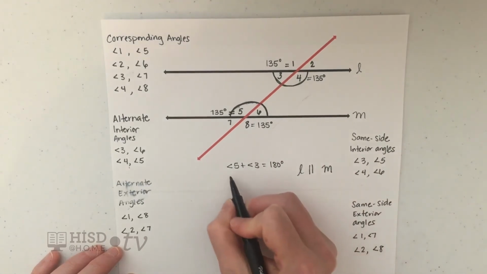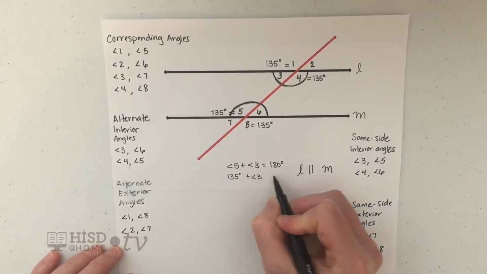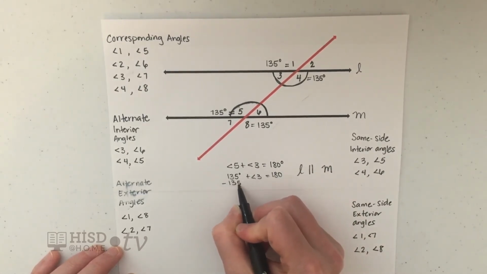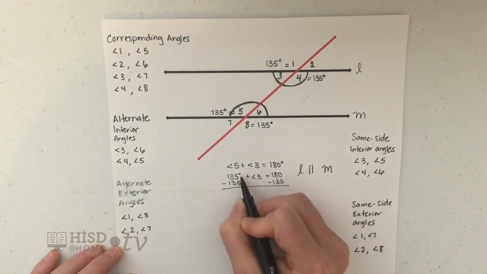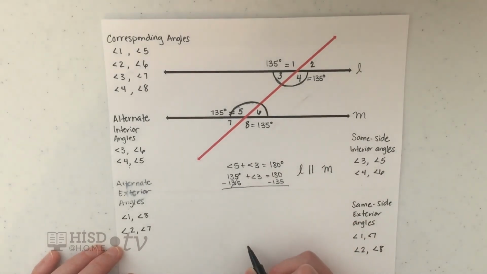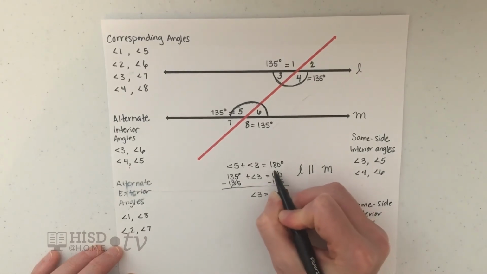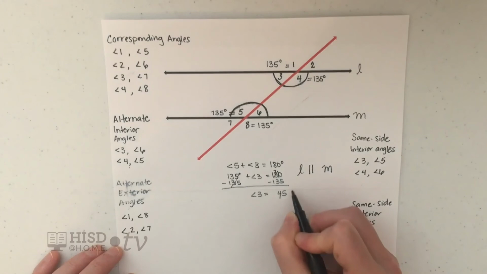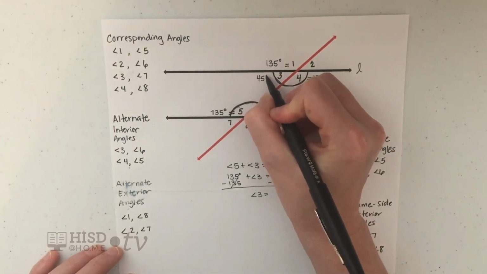Let's substitute: 135 plus angle 3 equals 180. I'm going to subtract 135 from both sides. 135 minus 135 cancels out, is 0. So angle 3 must equal 45 degrees.